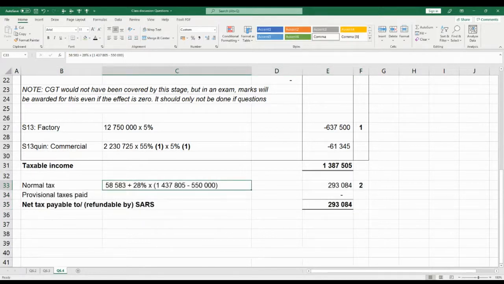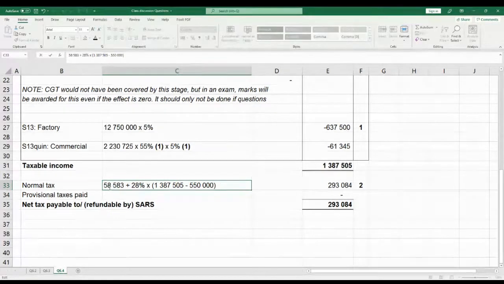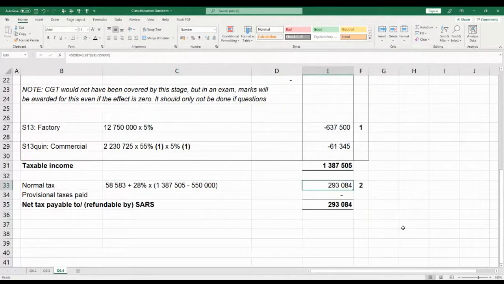Now, because I haven't given you the tax tables, you would apply the 1,387,505 less 550,000 and multiply that with 28%, and then you add the 58,583, which relates to the 550,000 amount tax up to that point, to give you a tax amount of 293,084.